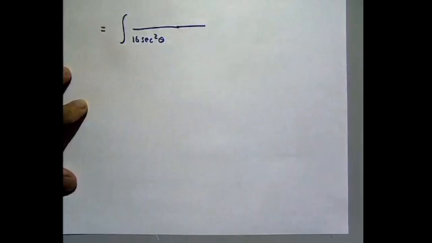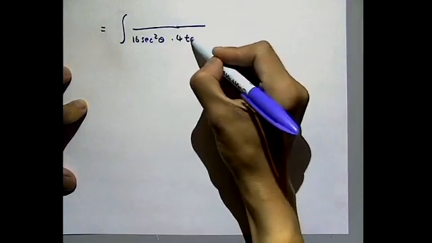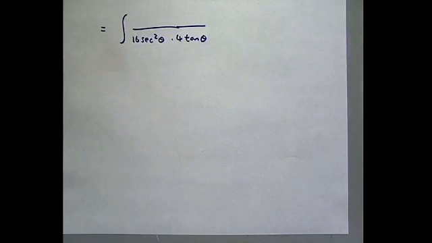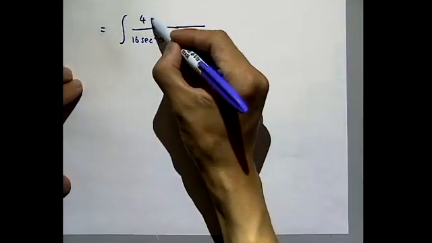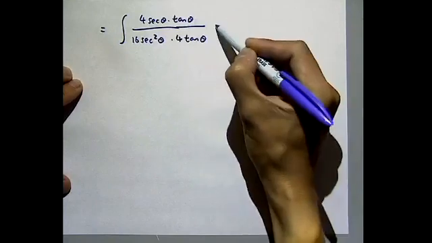And then we see radical x squared minus 16. That's 4 tangent. Upstairs we have a 1 times dx. And dx is equal to, where's my dx? There it is, 4 secant tangent d theta.